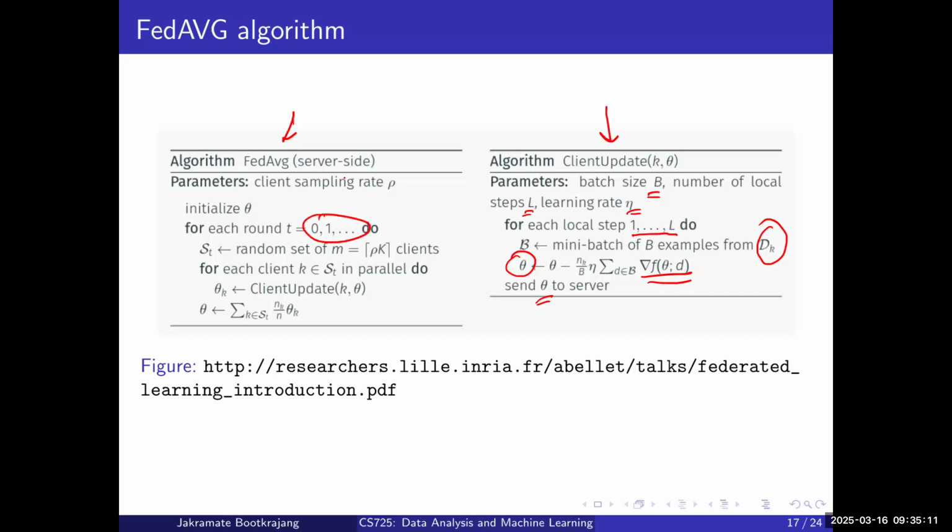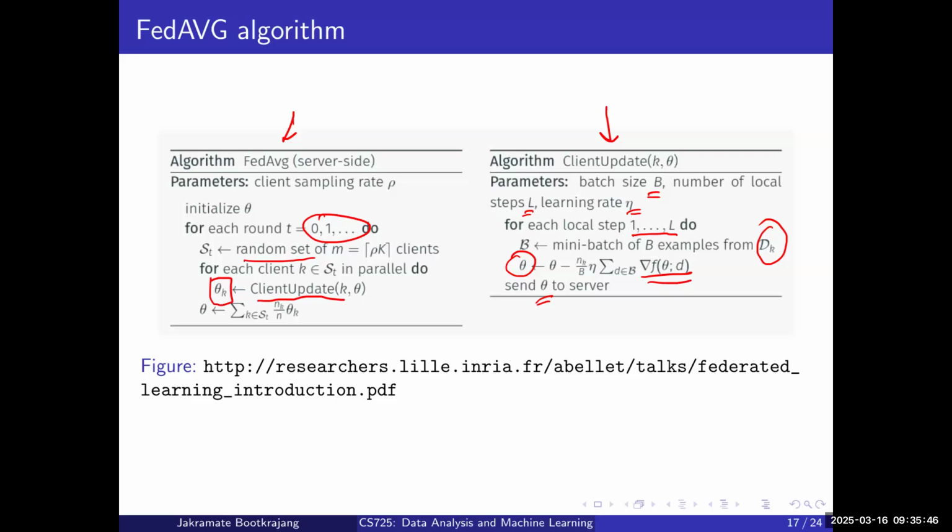Each round, they will select a random set of clients. So not all clients participate in the update at the same time. This subset of clients will do the client update at the same time, and each client will send back the parameters of that client.